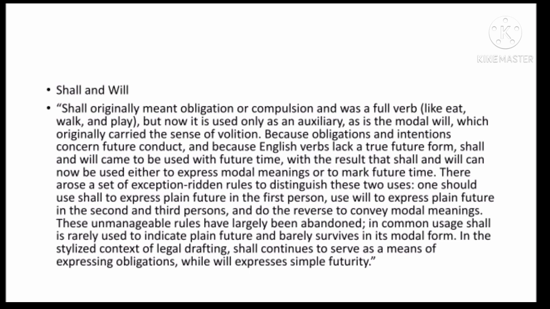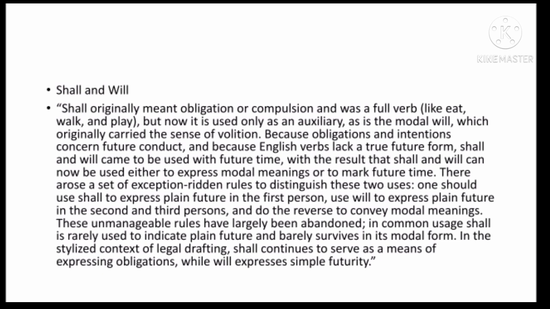Because obligation and intention concern future conduct, and because English verbs lack a true future form, shall and will came to be used with future time, with the result that they can now be used either to express modal meanings or to mark future time.